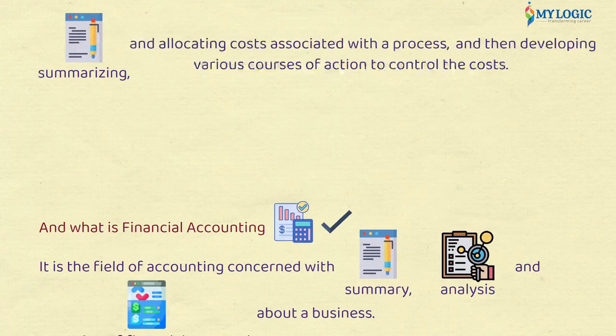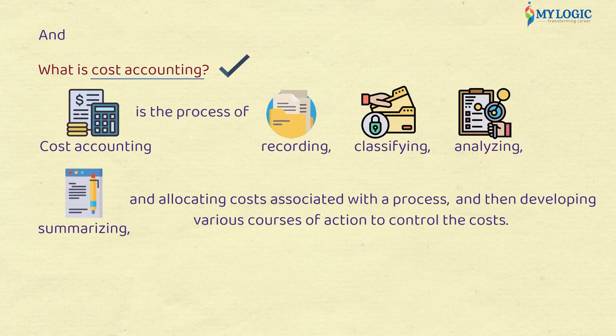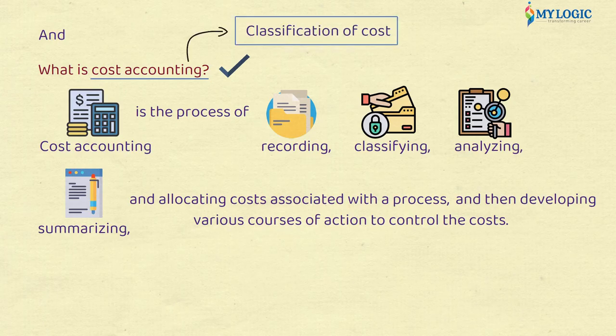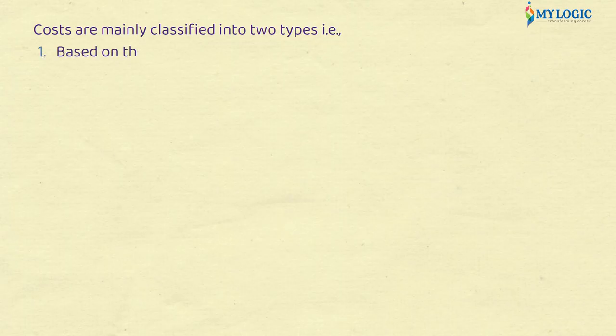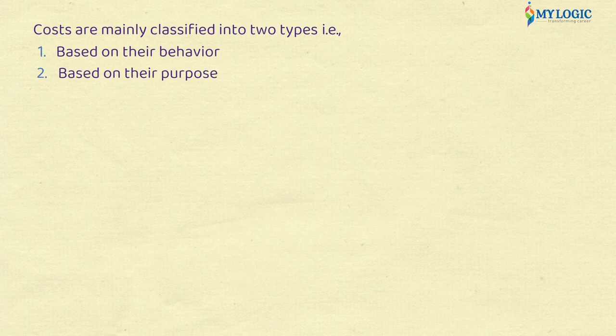And now the next part under the cost accounting mainly is classification of cost. Costs are mainly classified into two types, that is, number 1, based on their behavior, number 2, based on their purpose.